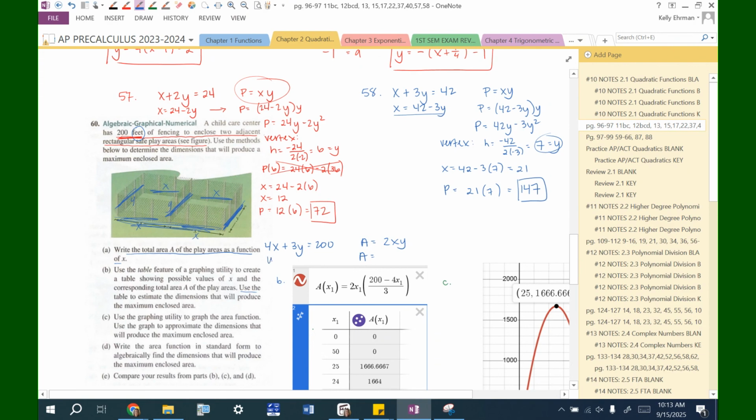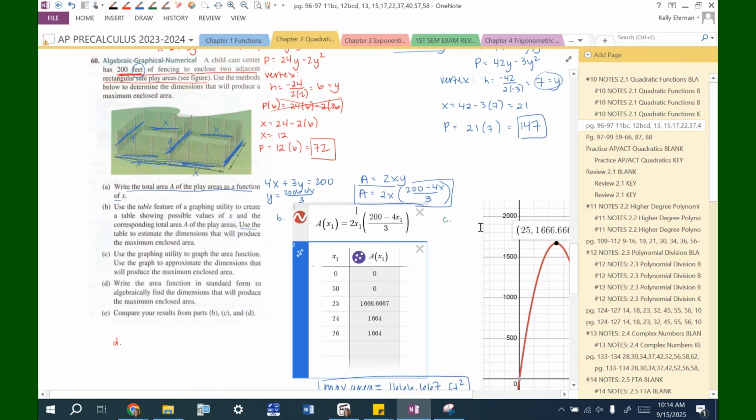So y would equal 200 minus 4x, whole thing divided by 3. So 2 times x times 200 minus 4x, all divided by 3. Now you can leave it like this. There's no reason that we have to distribute this together. You could if you want to, but you don't have to.